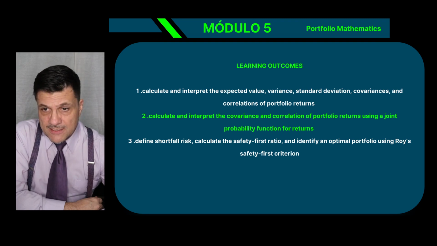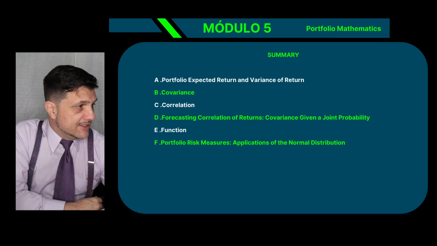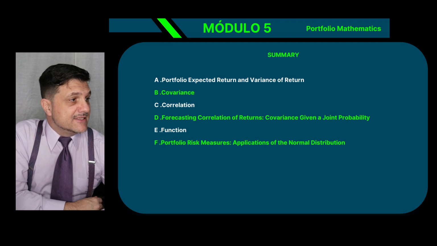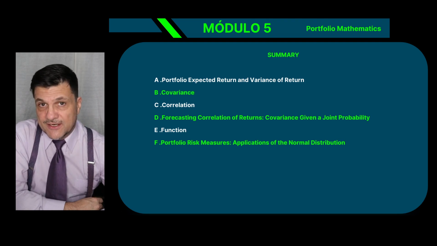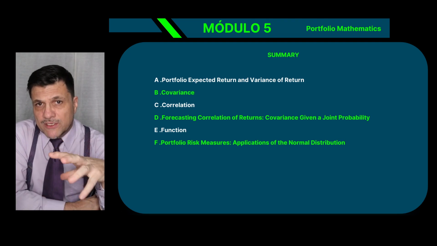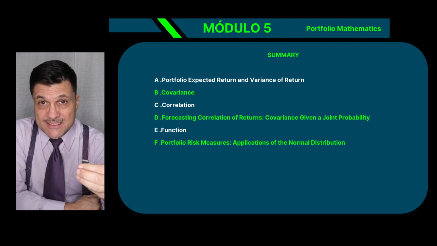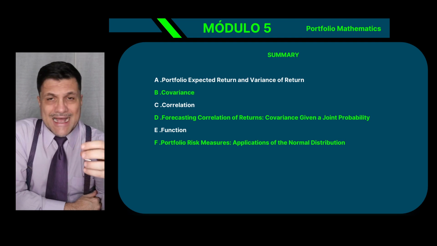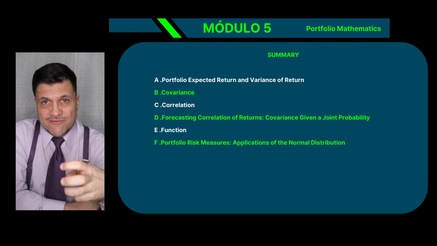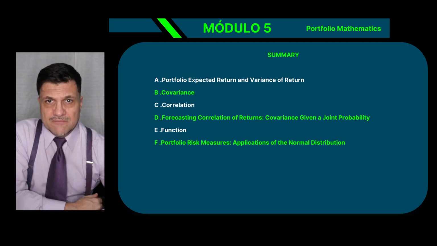Okay, let's see what we have here for key points. Not many, huh? So expected return and variance of returns. It's important to understand how to compute the expected return, variances, and standard deviations. But I don't think the computation itself will be in the exam.